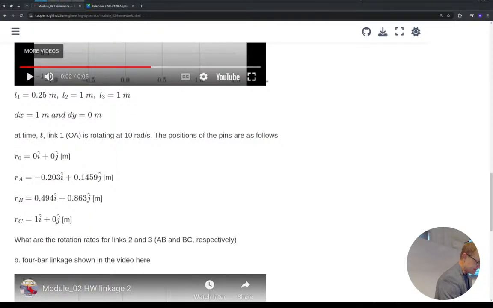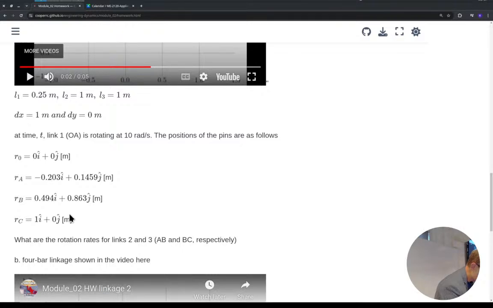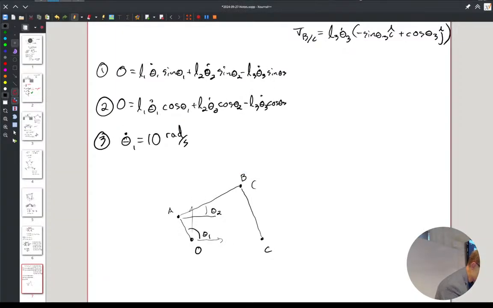And then point C is 1 and 0, so 1 unit over and 0. Where was this? 0.49, 0.9, 0.5, 0.9, and negative 0.2.